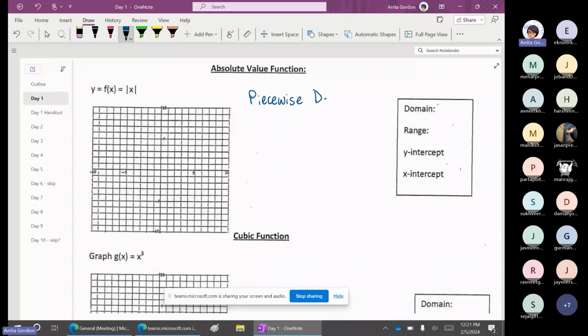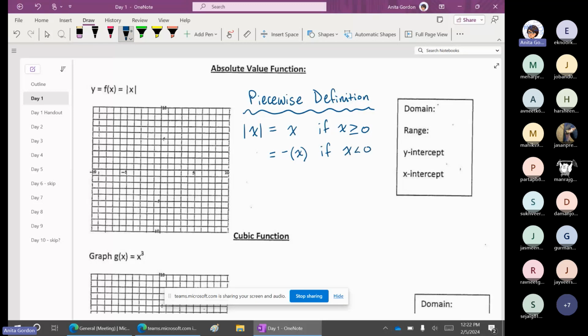Piecewise definition means the result we get from an absolute value function depends on what we put inside of it. So the absolute value of x is going to be positive x if x is positive, greater than or equal to 0. But it's also going to be negative, I'm going to put x in brackets, if x is negative.